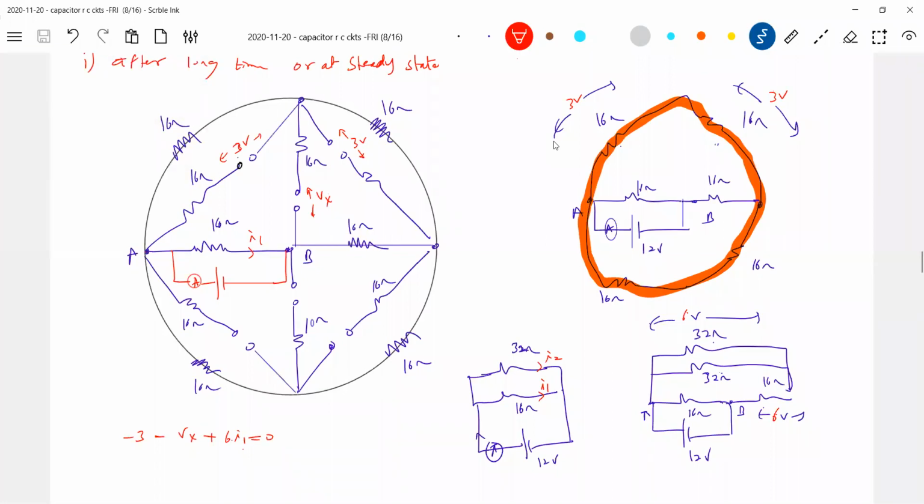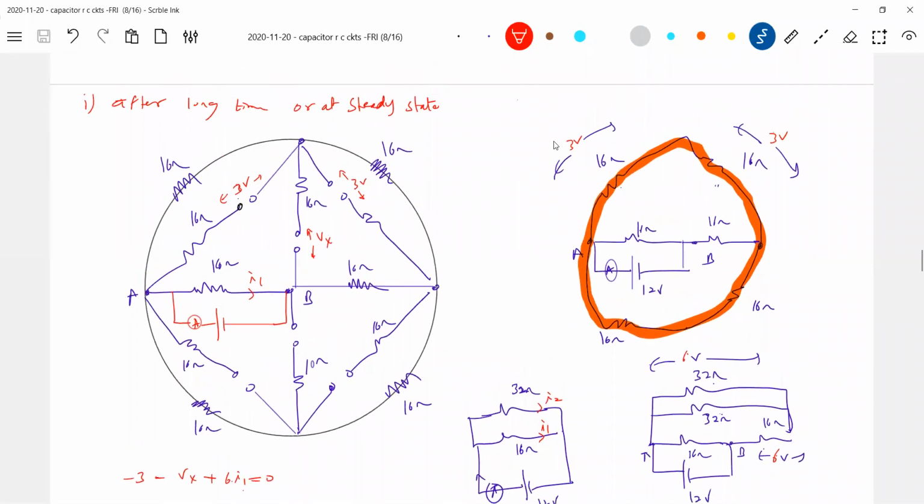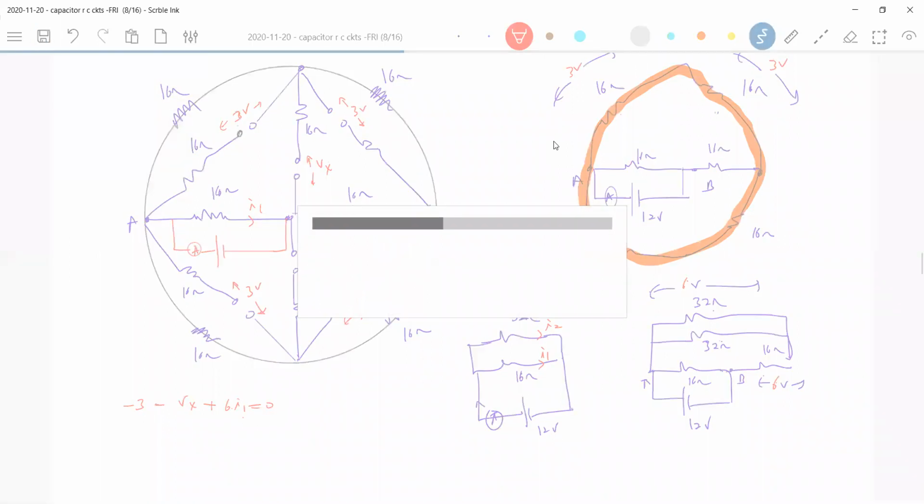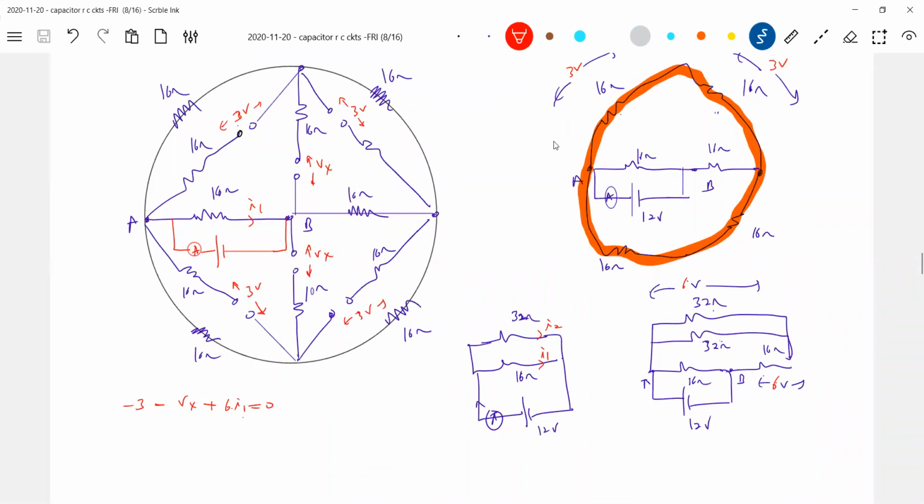Fine. So this is, I think, a lot of drilling. So what charge? I think the same thing. And this will be Vx. 300 microcoulomb in these capacitors.